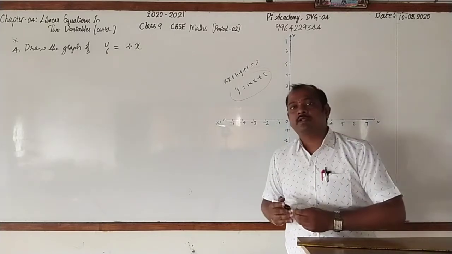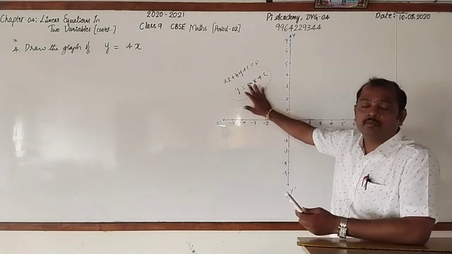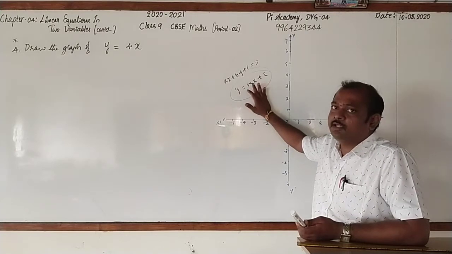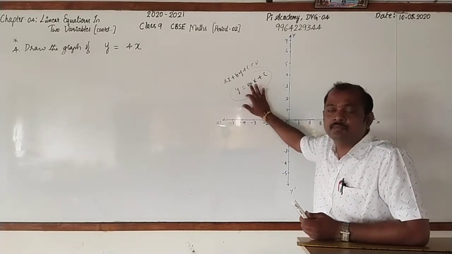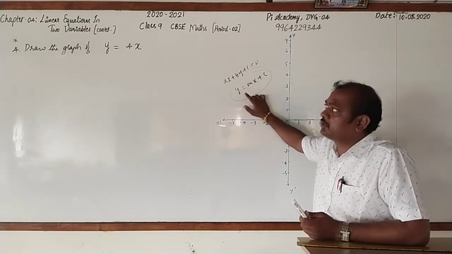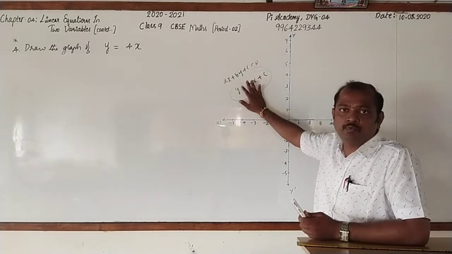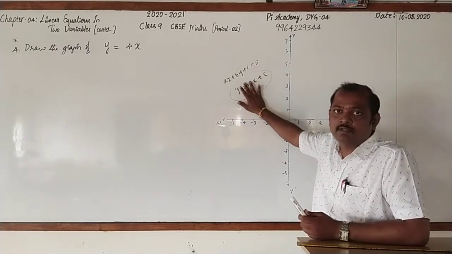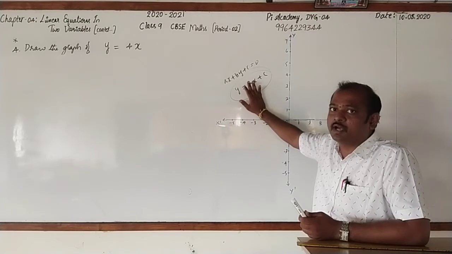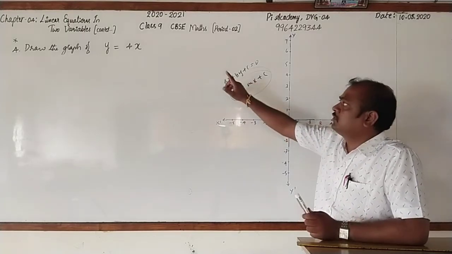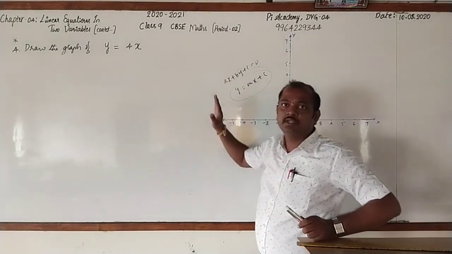And what was the nature of this graph? Straight line. Why? Because it is a linear equation, right? Now you just observe this one. Y equal to 4x. So there is no separate constant term. Just 4 into constant into x.